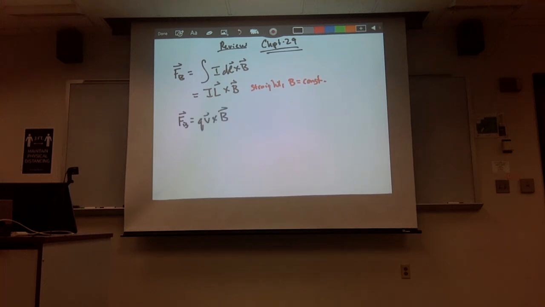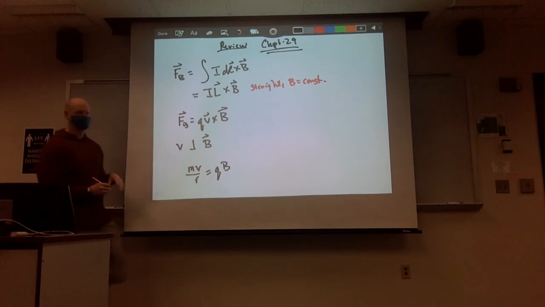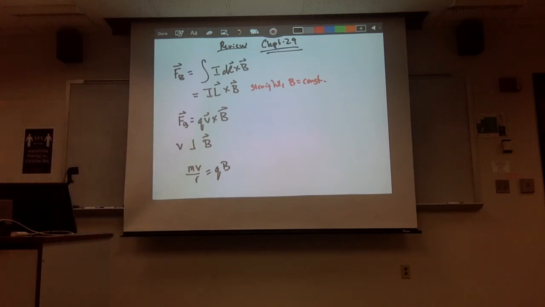We also found that the force on a charged carrier moving in an external magnetic field is simply given by QV cross B. This is the force on a single charged particle, as long as the velocity is perpendicular to the magnetic field. Then the particle moves in a circle, where mv squared divided by R is equal to Q times v times B. From there, I can get the radius, the velocity, or whatever I want from this expression.